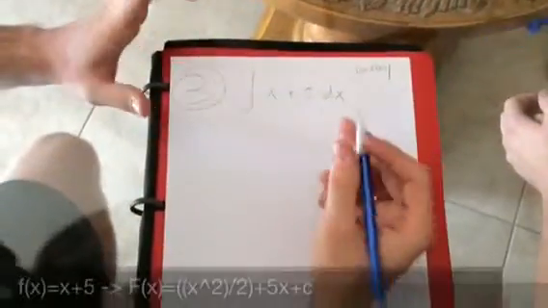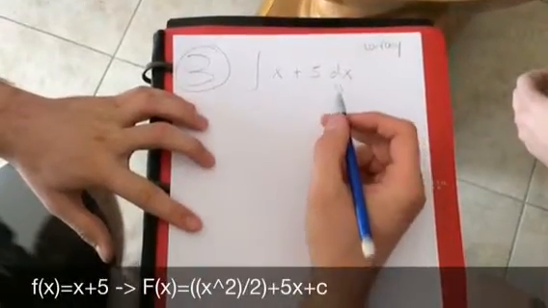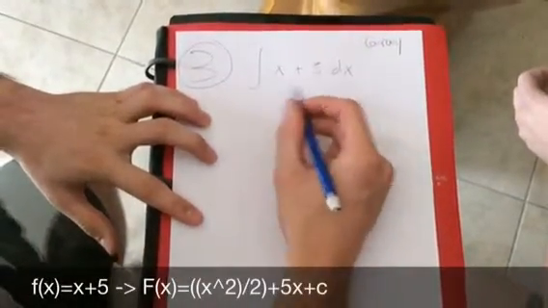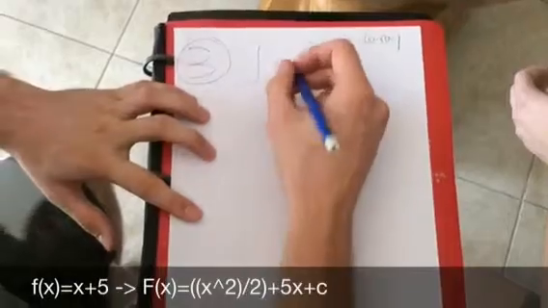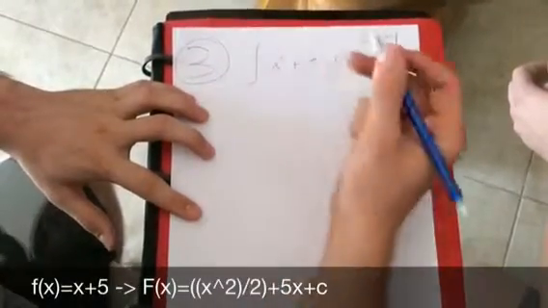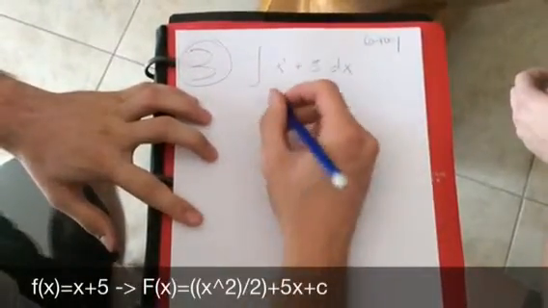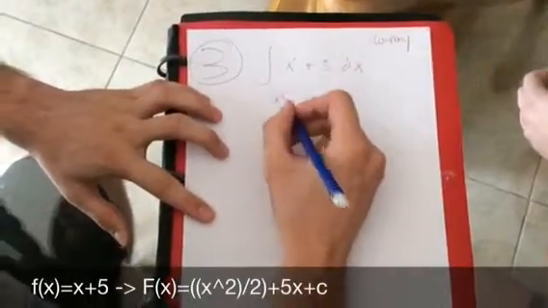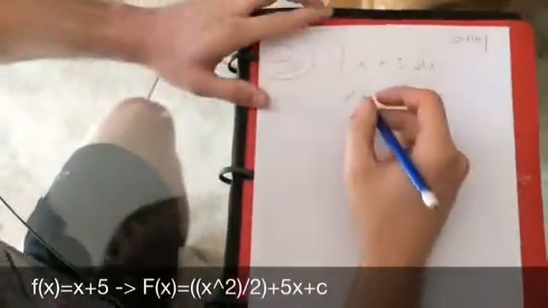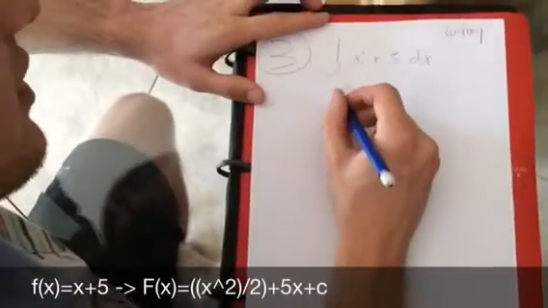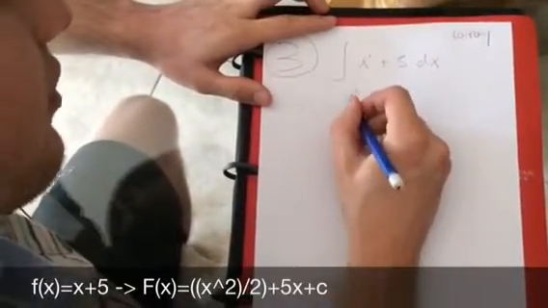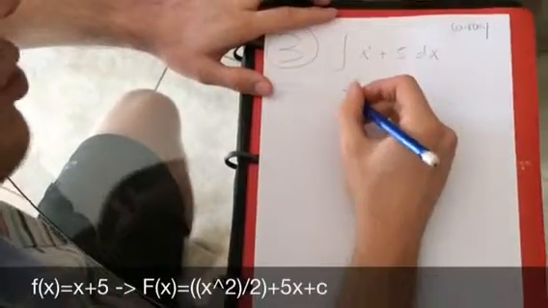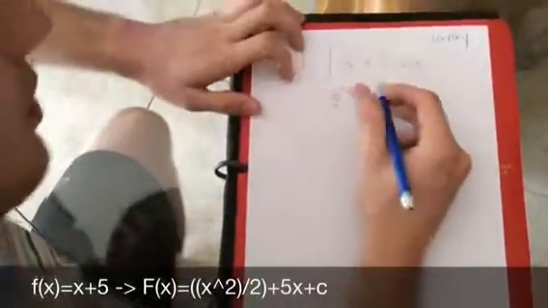Alright, so basically what you're going to do here is you're going to go backwards from this function. So this is x to the 1. So instead of taking away 1, you're going to add 1. So it's x squared. And when you take the derivative of this, it's going to be 2x. So at the same time, you have to divide by 2, so that when you bring this exponent down, it becomes x.